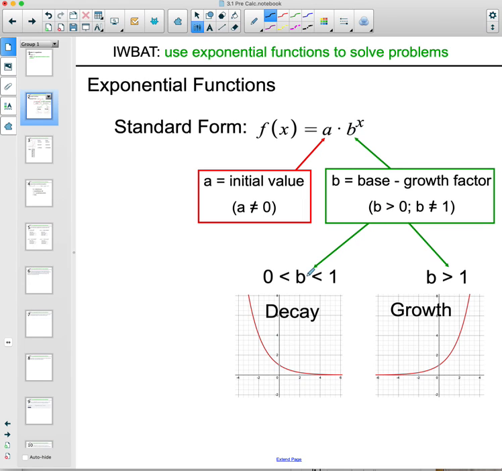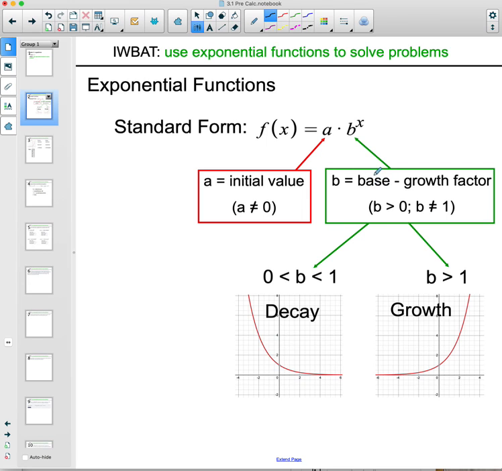So if your growth factor or your b is between 0 and 1, like 0.5, 0.7, 2/3, then you're going to have a decaying function. That means that your initial value is going down or decreasing over time.